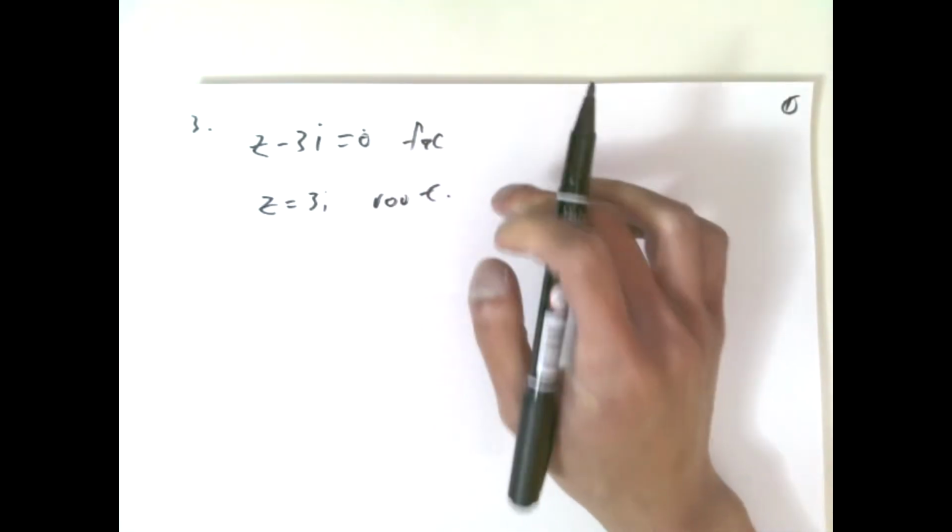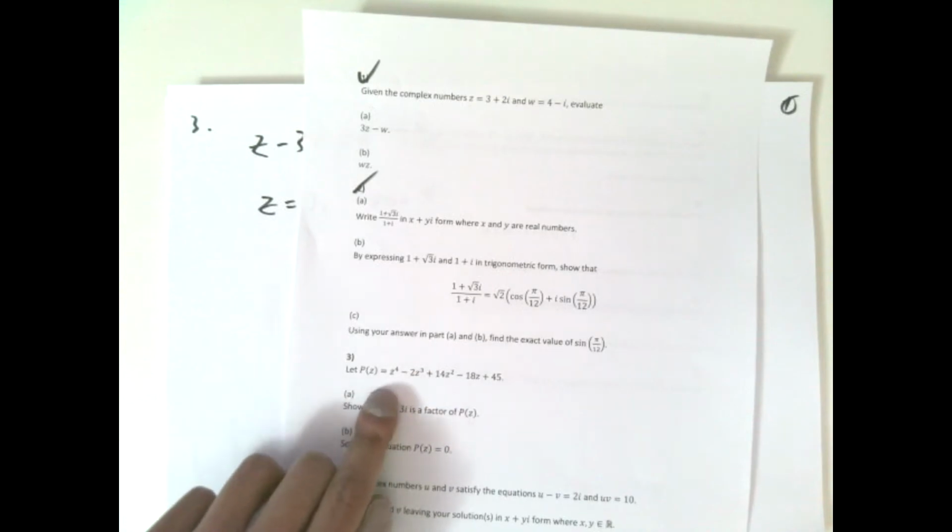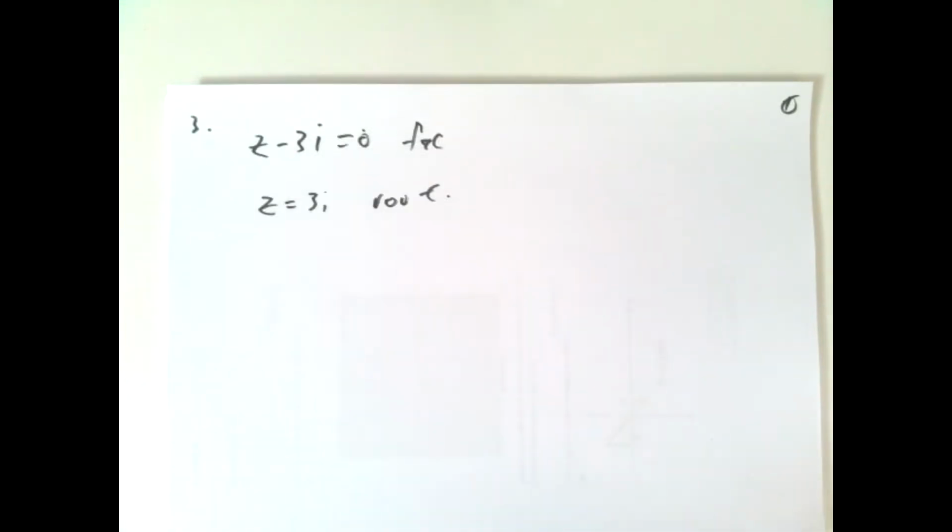If z equal to 3i is a root, that means if we take 3i and put it into all the z's in this complex polynomial, then we should get 0.